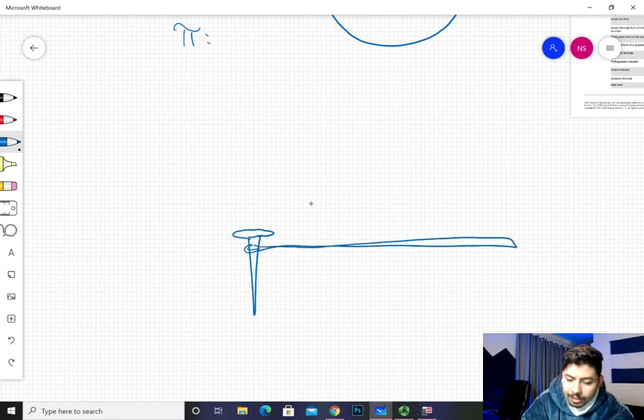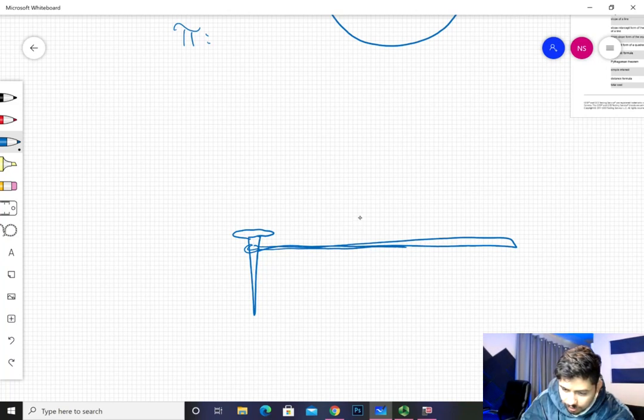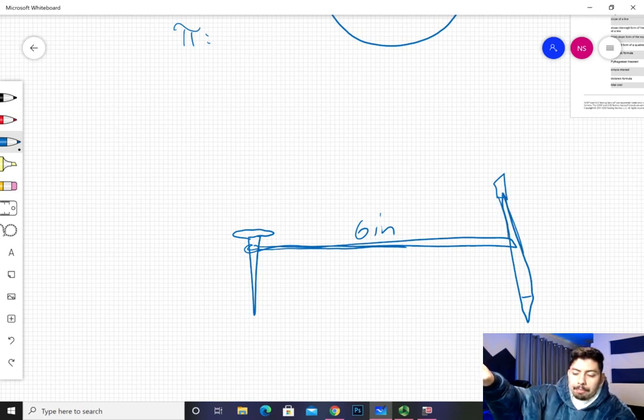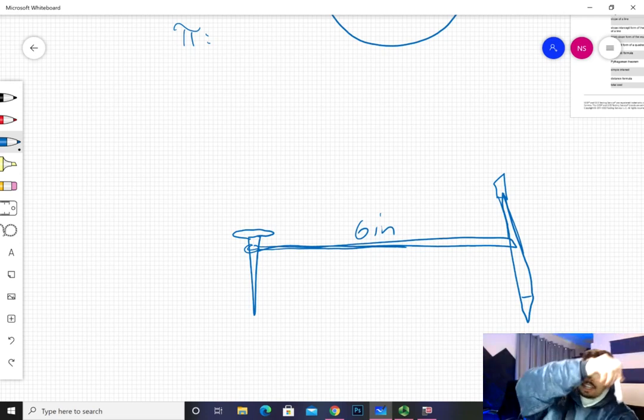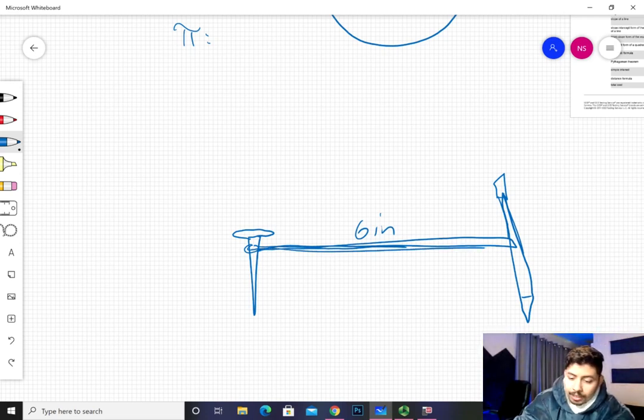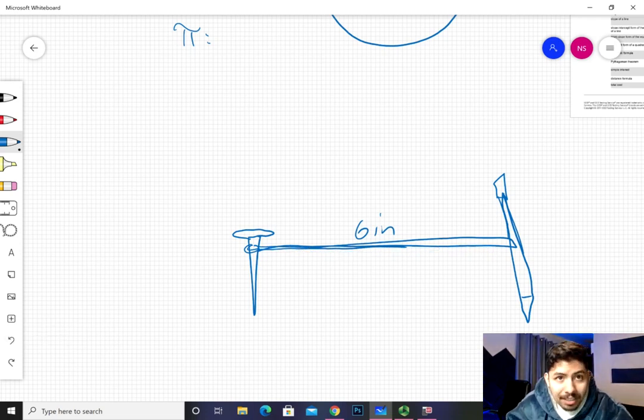However long that string is, let's say it's just 6 inches, and on the other side, you put a pencil or a pen. You get that pencil and go around with it to whatever length the string is. That is what makes a circle.